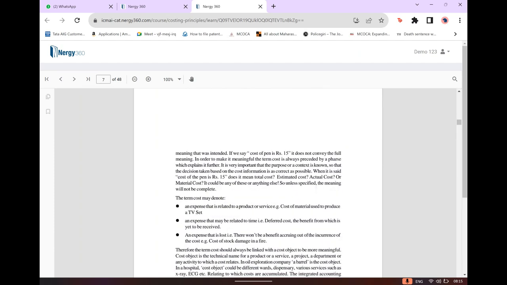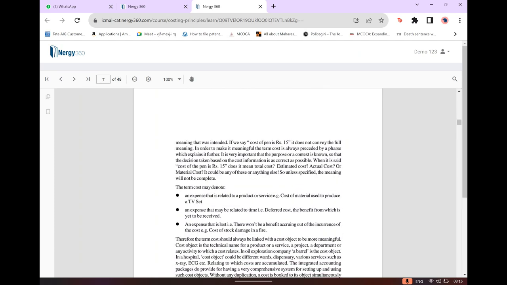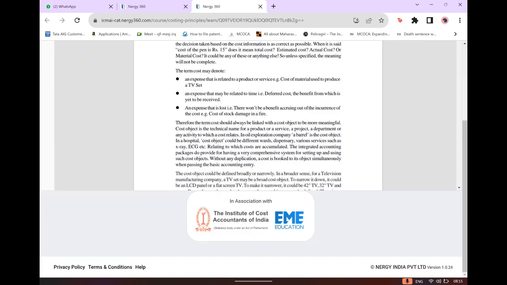I told you for each cost there should be a cost object. I will explain with an example. So an expense that is related to a product or service, like the cost of material used to produce a TV set.